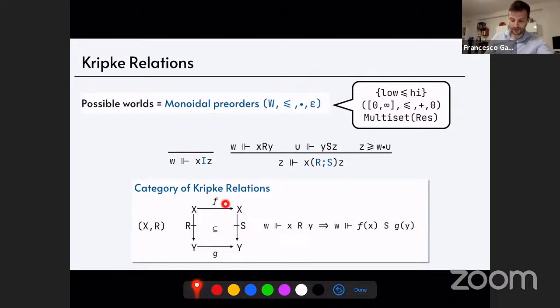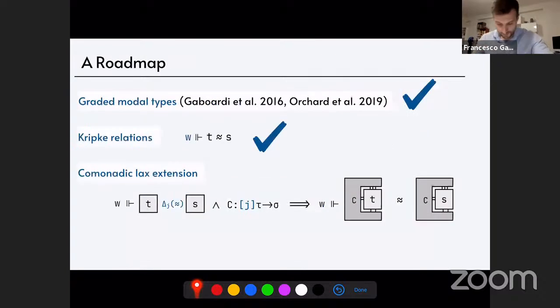And maps are the same. The only difference is that now everything is parameterized by possible worlds. So what we consider are these functions that preserve equality at any possible world. All right, so that's the idea.